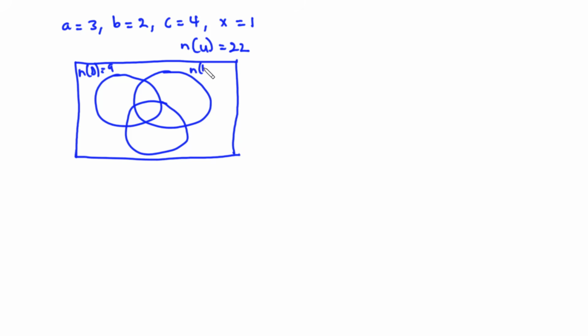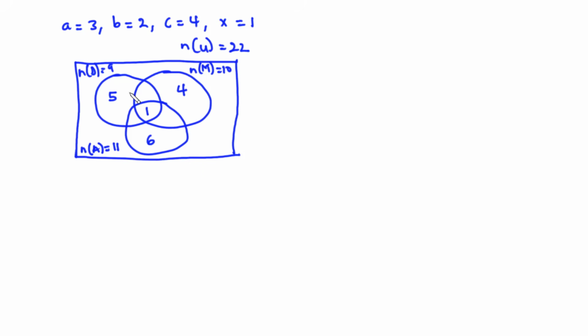Number of players who play midfield is 10. Number of players who play attack is 11. The number of players who play defense only is 5. The number of midfielders only is 4. And the number of attack only is 6. X is equal to 1, which is the number of players who play all the 3 positions.